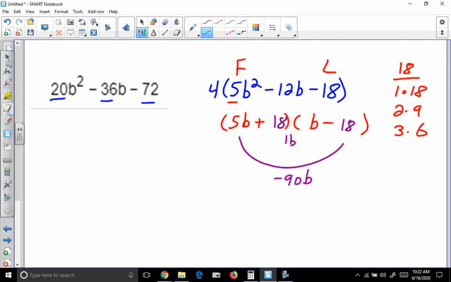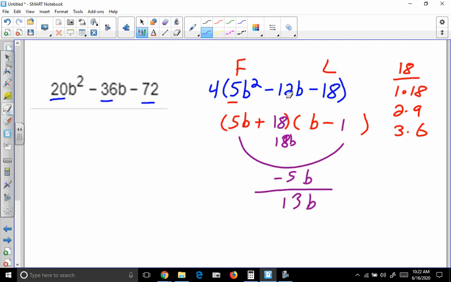So let's try it with the 18 there and the 1 there. So that makes the middle 18, and that makes the outer 5 times negative 1, so negative 5. Now that's close. 18 minus 5 is 13, but, let's see.